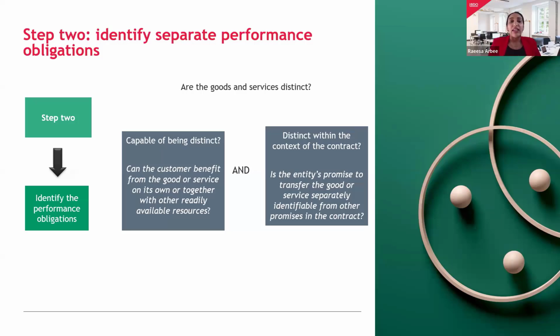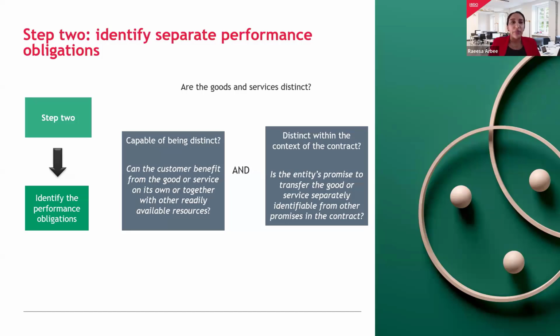The next criterion is that they also need to be distinct within the context of the contract. So can you actually identify these separate promises in the contract? Consider where a promise significantly modifies or customizes others, or where the goods or services are highly interdependent, highly interrelated or integrated.